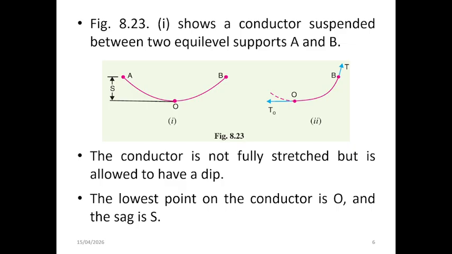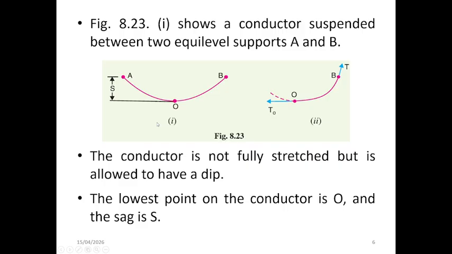And the lowest point of this curve is labeled as point O, and the vertical distance between the support level and this lowest point is called the sag. From here to here, we call sag.